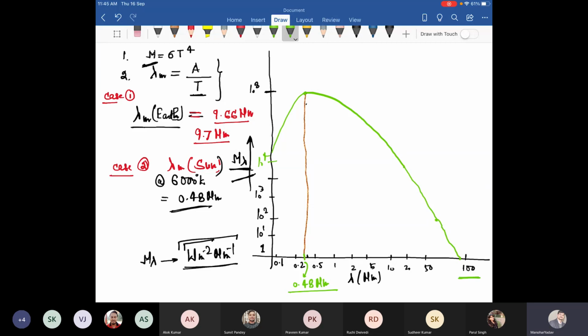After 100 micrometer, the energy component in the radiation coming from Sun is very low. So we have a significant energy component in wavelengths less than 100 micrometer. There are many inferences you can draw based on this plot to understand what kind of energy composition is there.